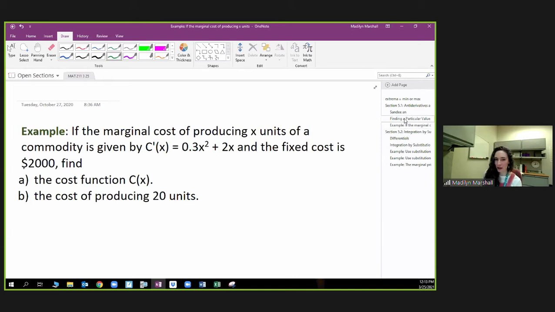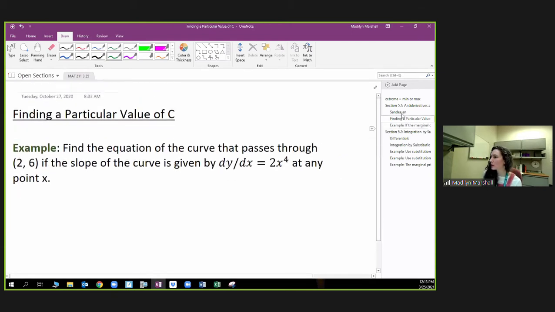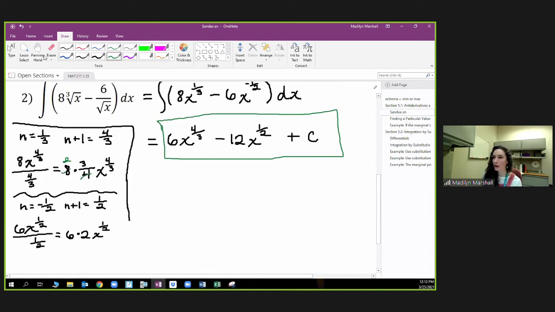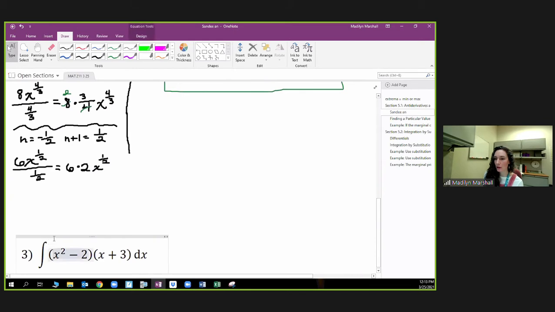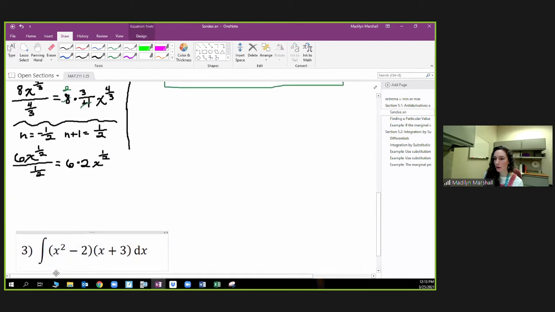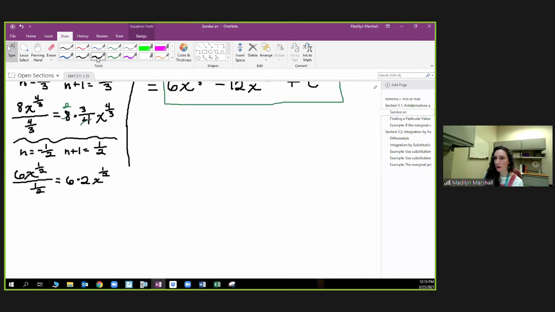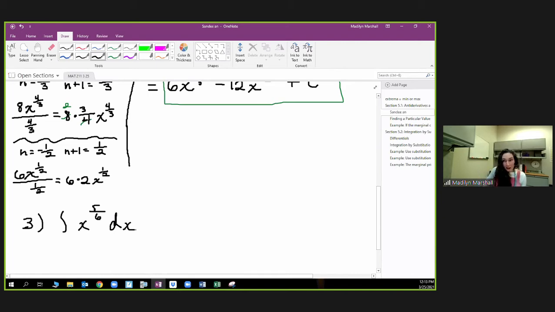So going backwards, we'll come back to this word problem in a moment. Okay, so it looked like most people were close, even if you didn't quite get it.